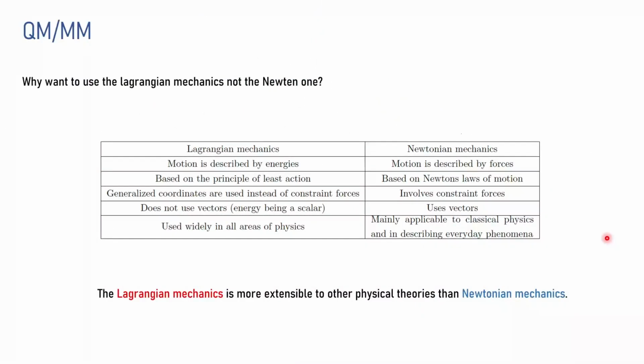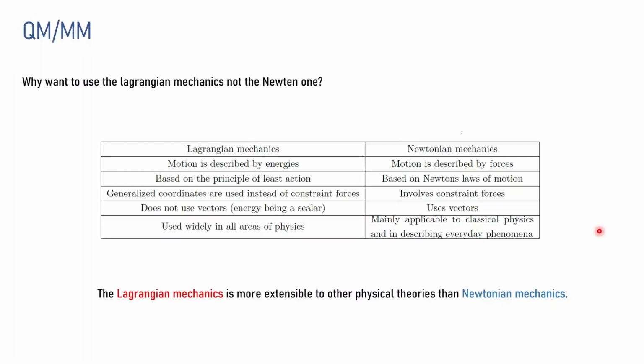But why do we want to use Lagrangian mechanics, not the Newtonian one? In Lagrangian mechanics, we describe the motion by energies, and because energy is a scalar, we will not work with vectors and directions, which is much easier in some ways.